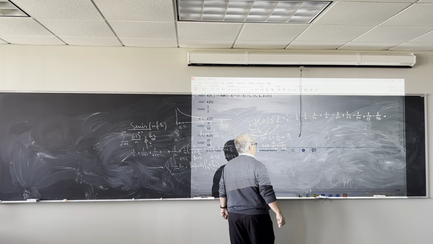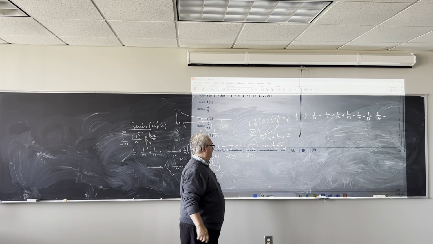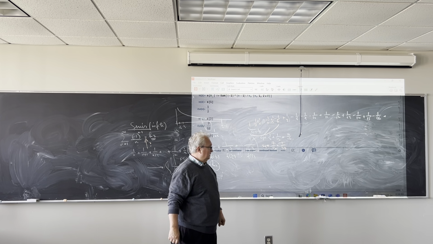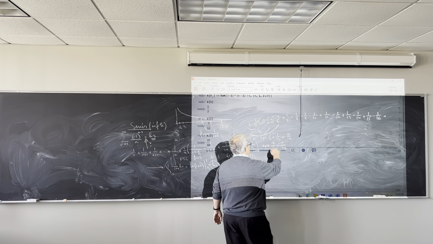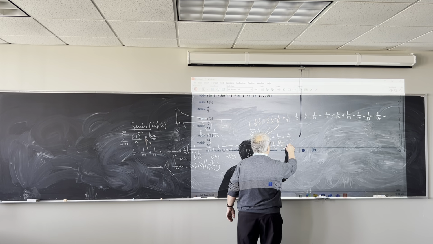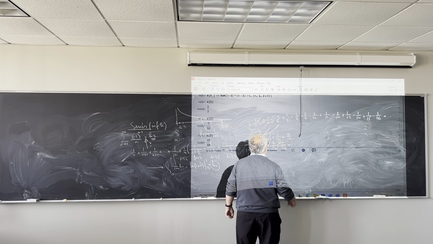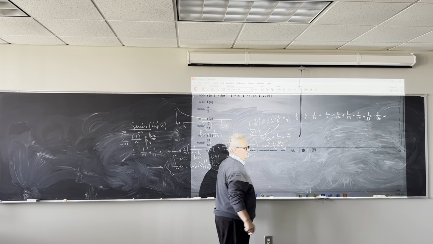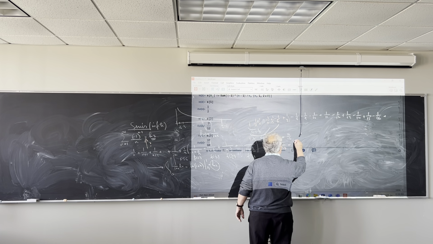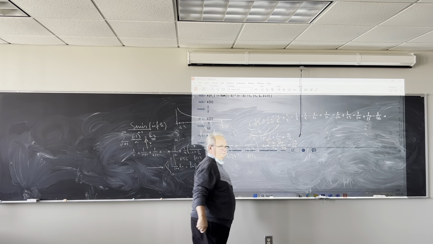What's the common denominator? 60, right? So multiply this by 5 and this by 2. 5 times 7, 35. Plus 2, 37 over 60. That's exactly this one over here.